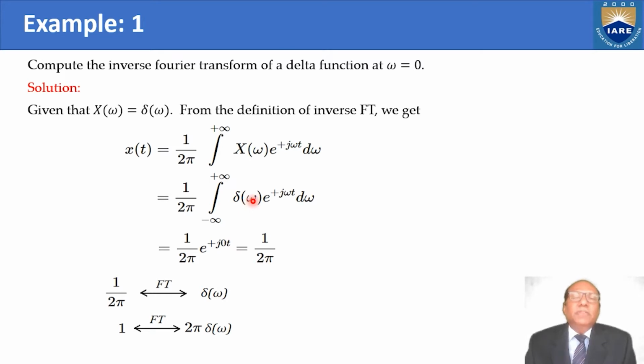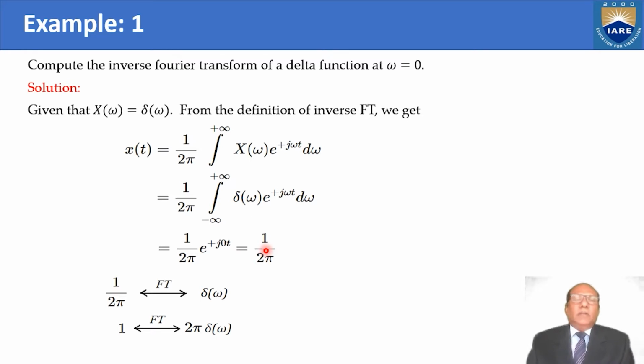So when omega equals 0, this value is 1. Substitute this value 1 here and put omega equal to 0 here, so e to the power of 0t is 1. Finally I have 1 by 2 pi.